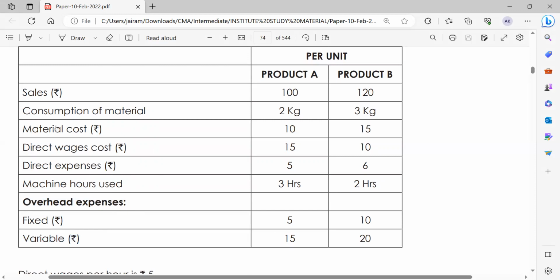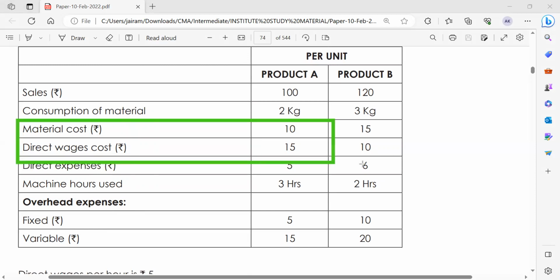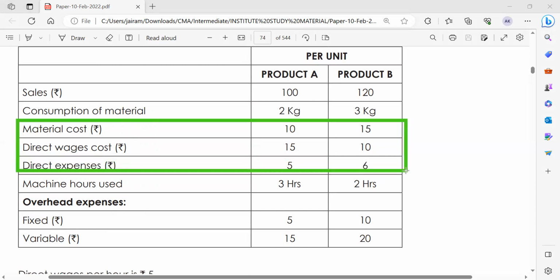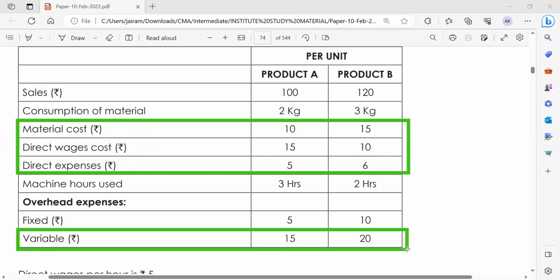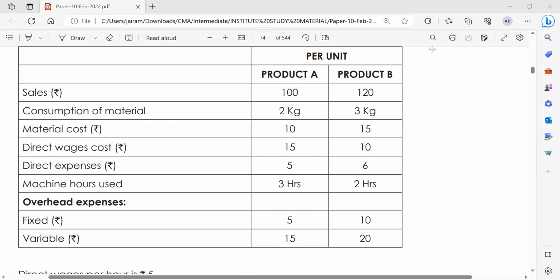So variable cost we will get by adding these, which is direct variable cost, and this is overhead or indirect variable cost. We'll have to add. So if you add this, the green blocks which I have shown, you will get the value of V. So for the product A, if you see, how much is it? 10 plus 15, 25 plus 5, 30. 30 plus 15 is 45. 45 should be your V.